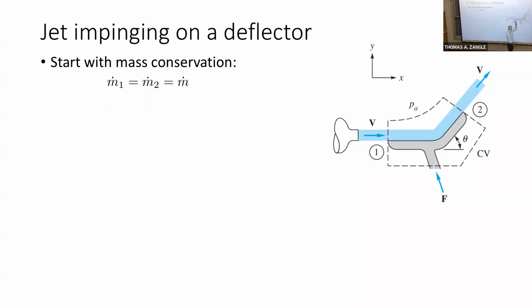If there's only one inlet and one outlet, all the mass flux in has to leave through the outlet. So m dot 1 is m dot 2, and we're just going to call that m dot. It's not actually important for this problem, but what does this tell us about the area of the jet? The velocity magnitude is the same at surface 1 as it is at surface 2.